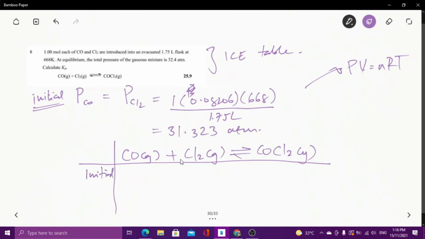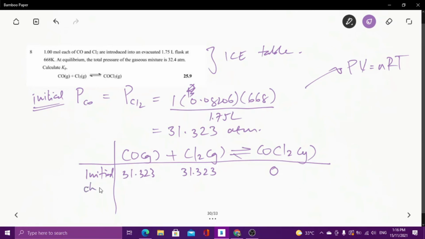Okay, so untuk reactant kita ada initial value yang kita kira dekat sini 31.323 atm. Yang Cl2 tu pun sama juga, 31.323. Gas yang dekat produk ni at initial dia tak terhasil apa-apa lagi. Jadi the partial pressure untuk COCl2 kat sini adalah kosong, sebab belum lagi ada apa-apa produk yang terhasil.